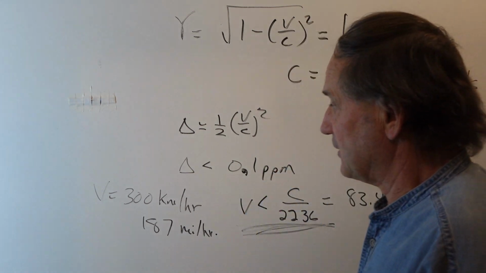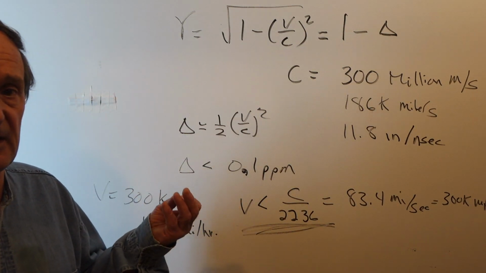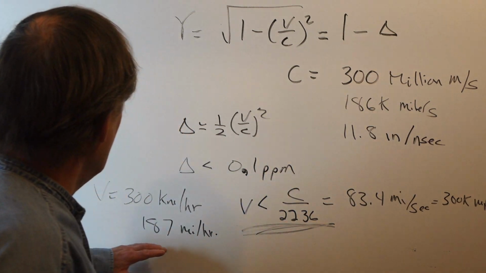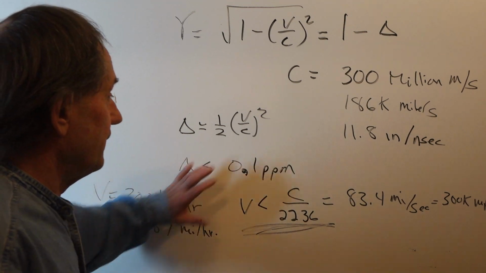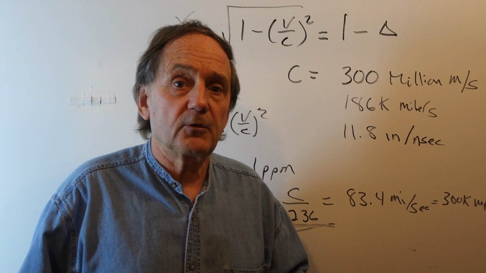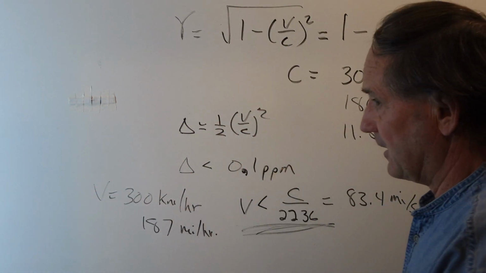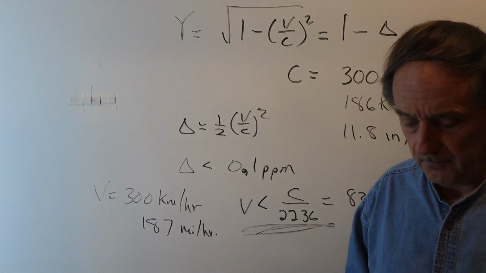So for all practical purposes, there's no difference between the Newtonian mechanics and special relativity theory when we're dealing with these low velocities that we normally encounter here on the surface of the Earth. So we do not need to take into account relativistic effects.